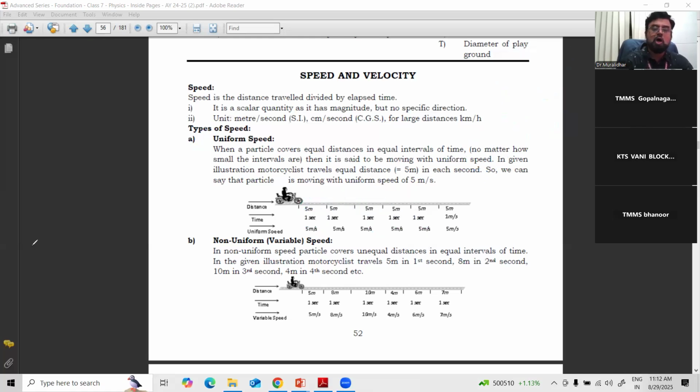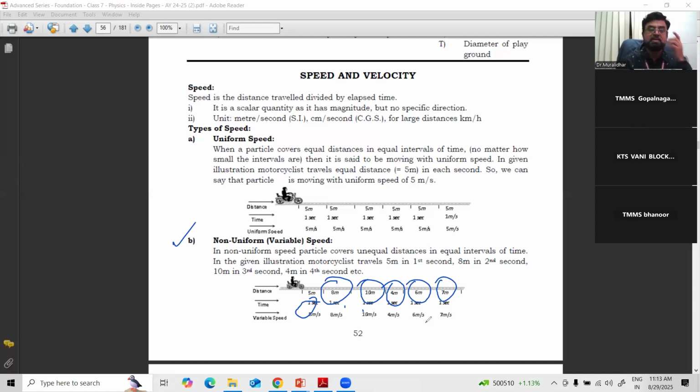Clear? The opposite is non-uniform speed. See here, 5 meters is covered in 1 second. Next, in 1 second, he covered 8 meters. Next 1 second, he covered 10 meters. Next 1 second, 4 meters. Next, again 6, again 7. So in every 1 second, he is covering unequal distances in equal intervals of time. For every 1 second, he is changing his speed.